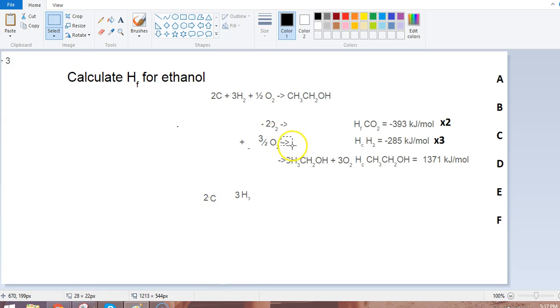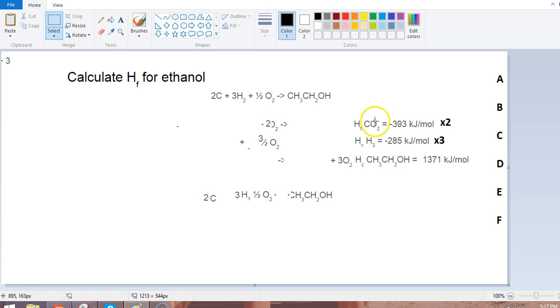I'm going to bring down a little arrow here. I've got ethanol on this side. Now let's see, this is 2, 3, 3.5 minus the 3 oxygens there, and so that does give me my oxygens there. A little messy, but we can see that all of these add up.